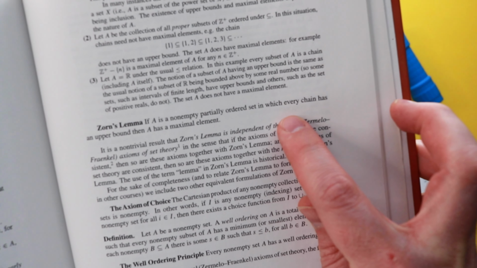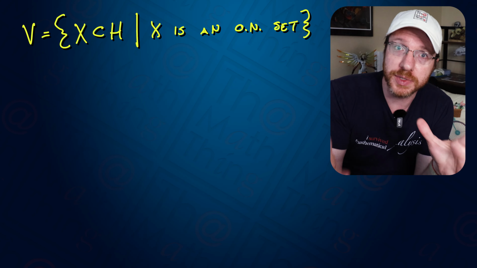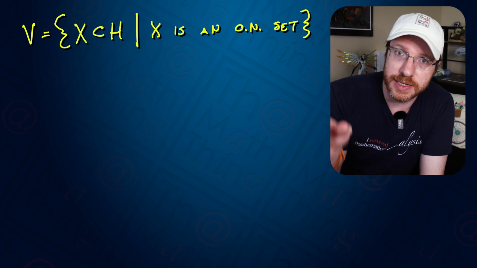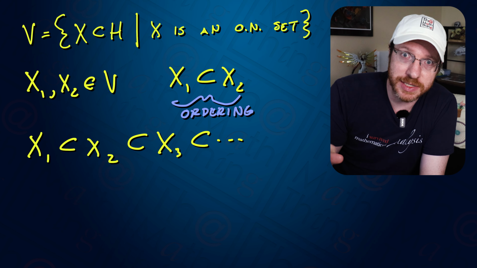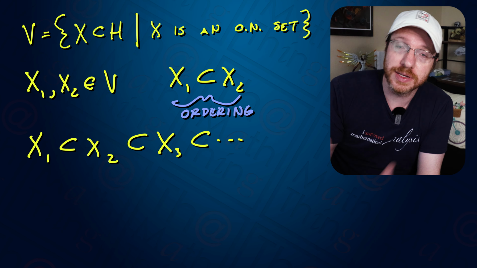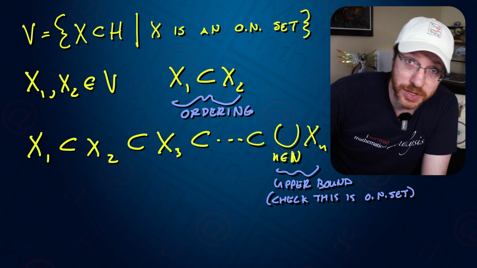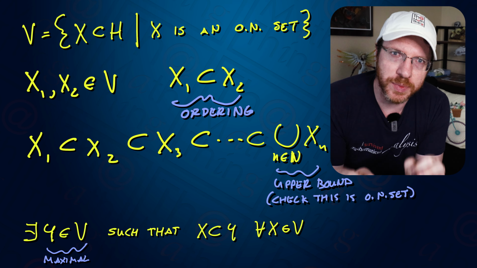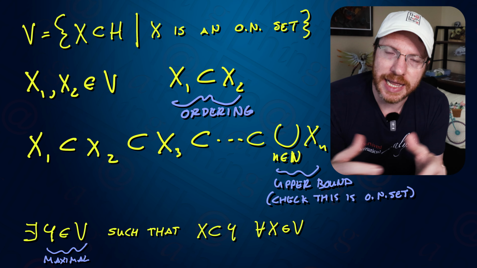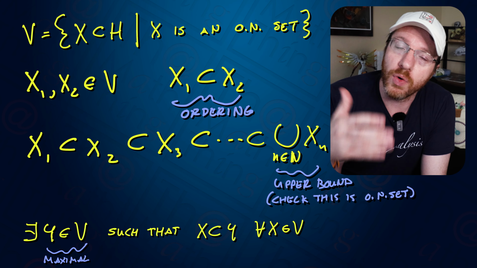But what Zorn's lemma says is that if you have a collection of elements that have some sort of partial ordering, in this case all orthonormal sets, and the partial ordering is the subset relation, and if for every chain of these orthonormal sets we can find an upper bound, which is the union of the entire chain, then there must be some maximal orthonormal set. And this maximal orthonormal set ends up being our orthonormal basis.